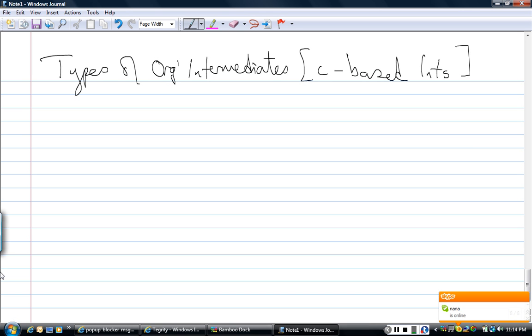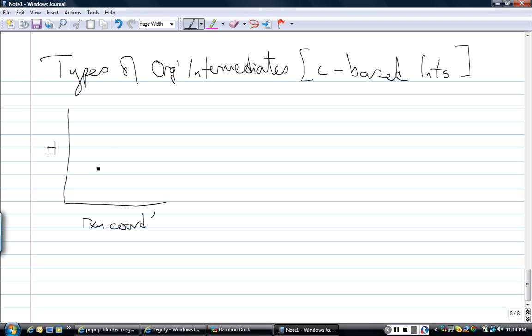Alright, so organic chemists, just to remind you what intermediates are: intermediates are minima that arise between 2 maxima. So I'll have enthalpy on that axis, reaction coordinate on this axis, and if I have a synchronous reaction, it has no intermediates.